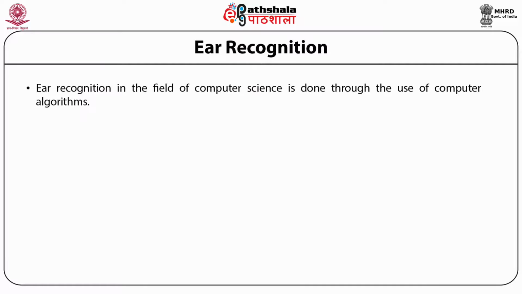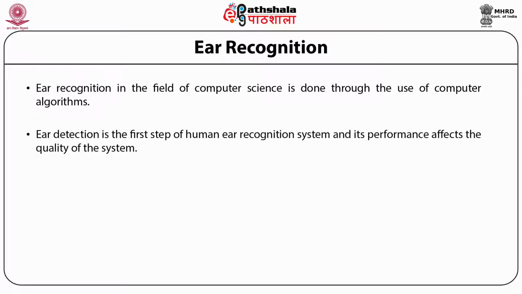Ear recognition in the field of computer science is done through the use of computer algorithms. Ear detection is the first step of the human ear recognition system, and its performance affects the quality of the system. Ear detection has two approaches, offline and online ear detection. In the offline approach, a side face image is acquired with the help of a camera.